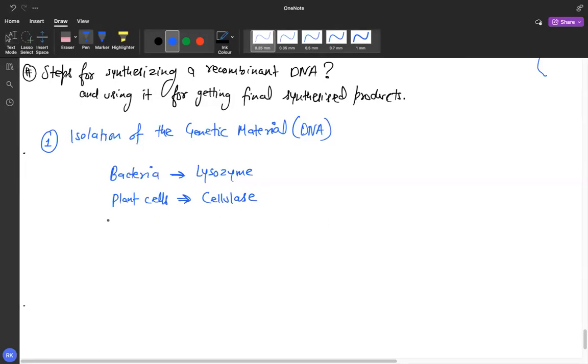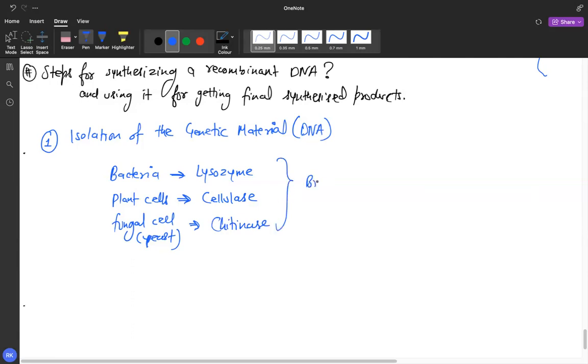And if we are working with a fungal cell, for example a yeast, if my model organism is a yeast from where I want to take out a gene of interest, then I will use the yeast cell wall is made up of chitin, and we will use the enzyme chitinase to break open the cell.